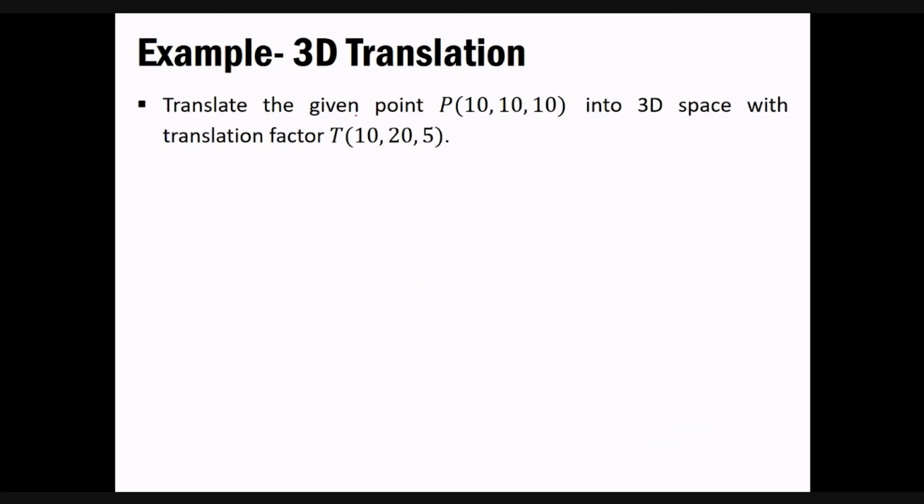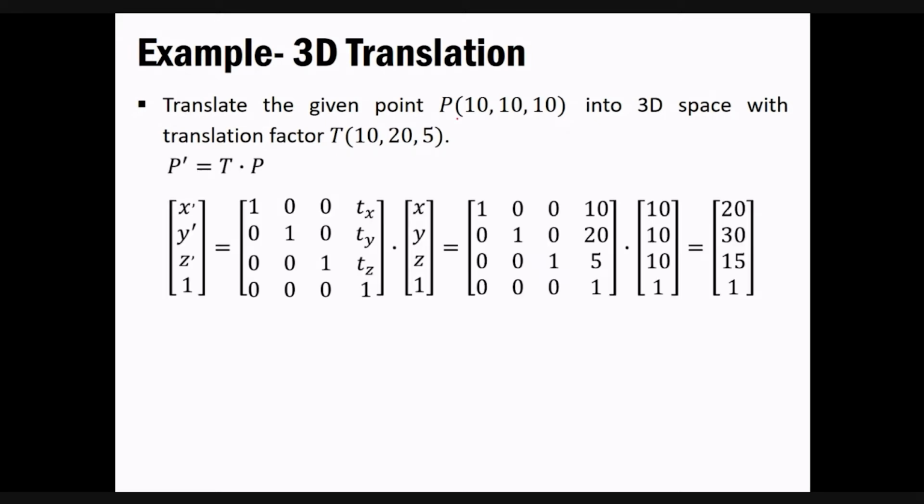One example given over here is: translate the given point P, that is 10, 10, 10 in 3D space with the translation factor T, that is 10, 20, and 5. Similar operation is to be performed in this example, and the matrix that we already have is 100 TX, 010 TY, 001 TZ, and 0001, multiplied by X, Y, Z, 1.